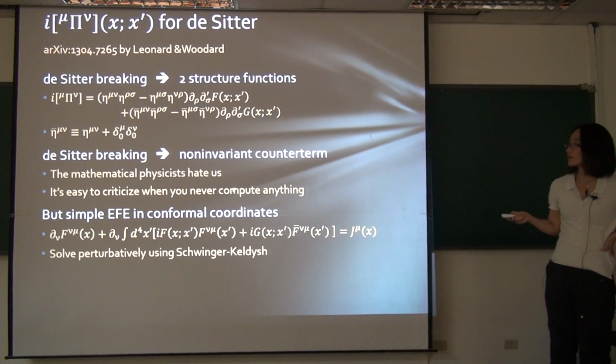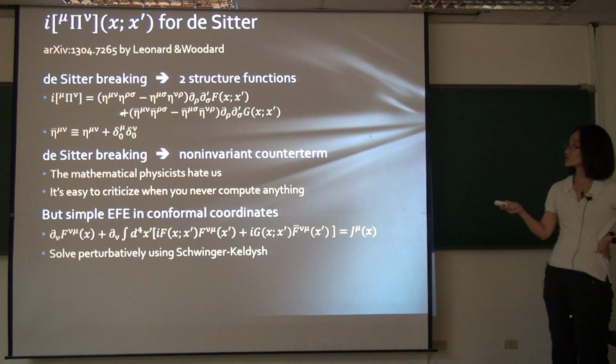And you will ask, why do you use this kind of representation? Why do you not use the de Sitter invariant representation? Is it not better because you do not need a non-invariant counterterm?